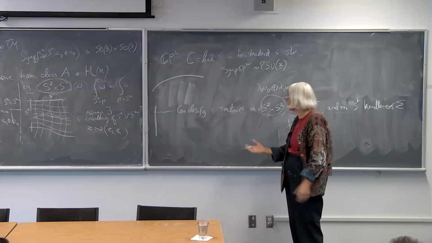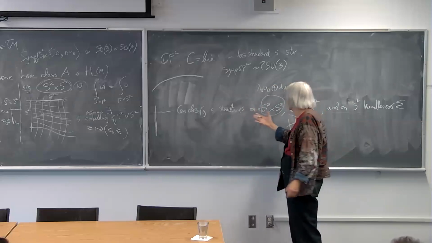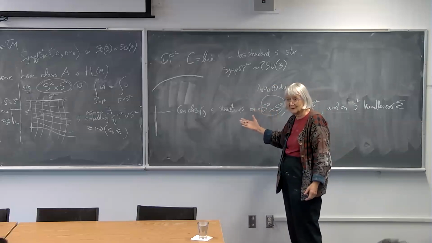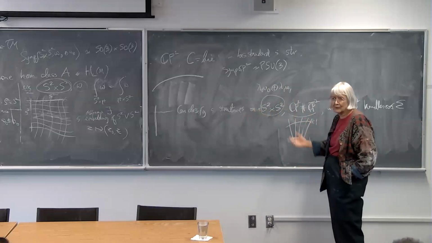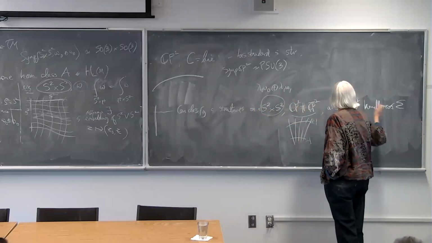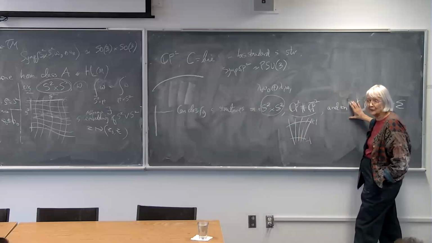As soon as you have a rational holomorphic curve, with non-negative self-intersection, then you have the standard case. You're in the Kodaira dimension minus infinity case.